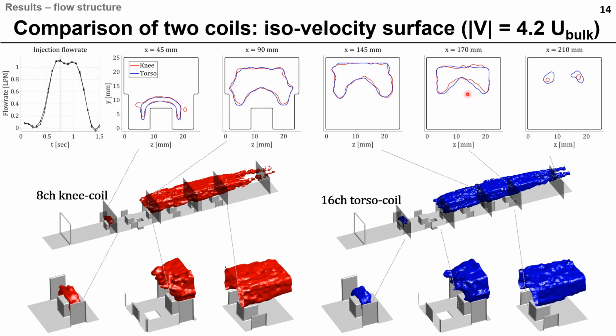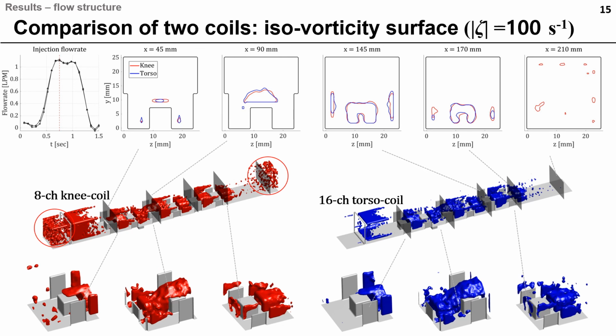But the other slices show slight differences. I'm not sure if this is due to the noise or if the velocity field is really different. However, the 16-channel torso coil shows a smoother surface, especially at the end of the FOV, compared to the 8-channel coil. And this makes much more difference.